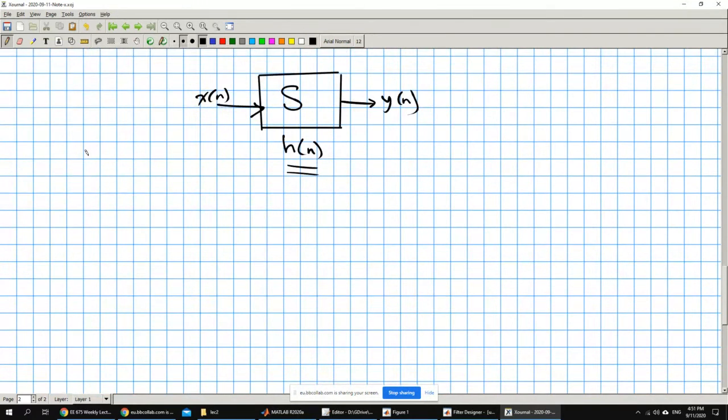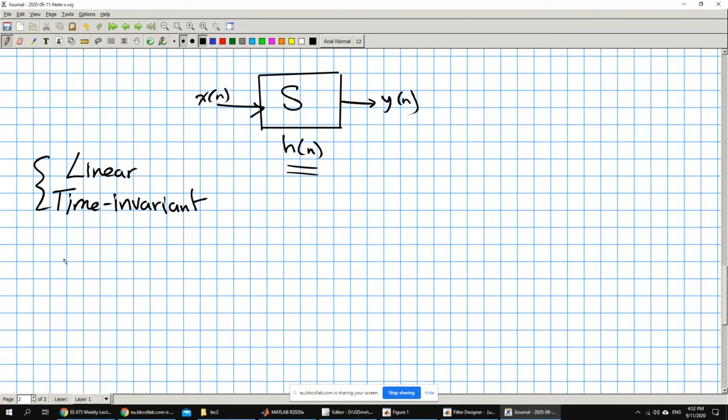So first of all, we are concerned with something called linear, time invariant systems, okay? So basically it's linear and time invariant. And basically what we are doing here through the filter designer tool is to design a filter that meets both.